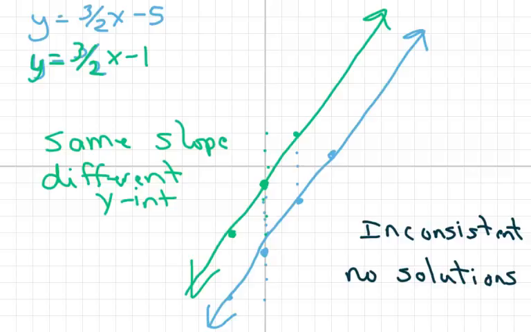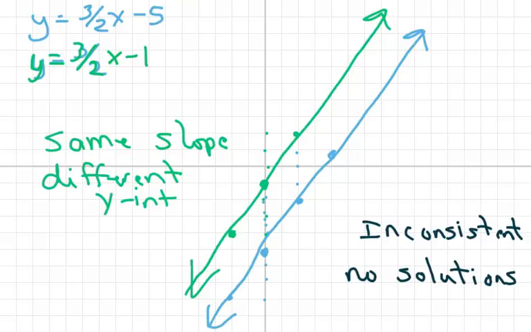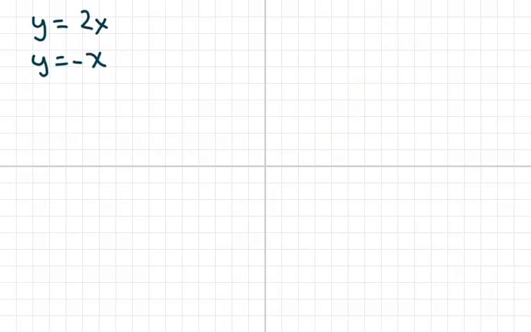So we have y equals 2x, y equals negative x, and then plus 5 and plus 2. All right. So basically, I'll write this one in blue. And I'm going to graph these.